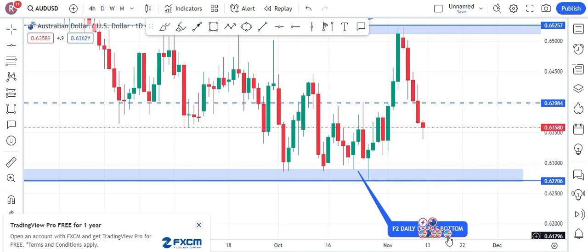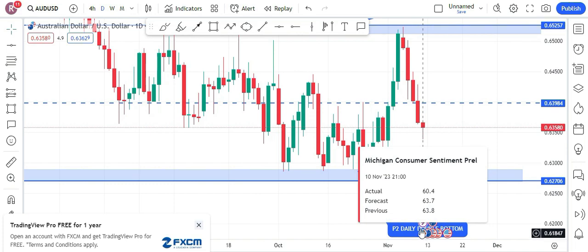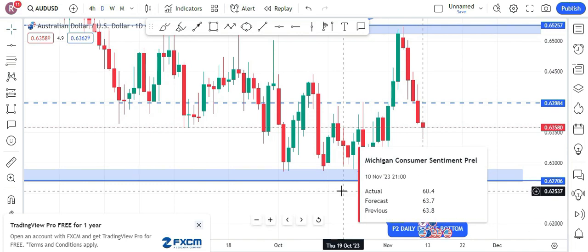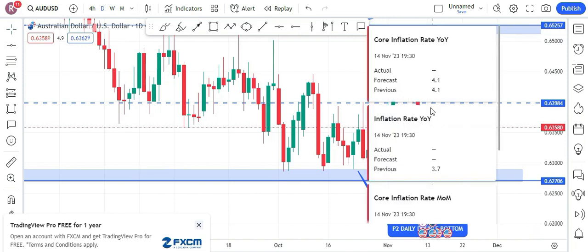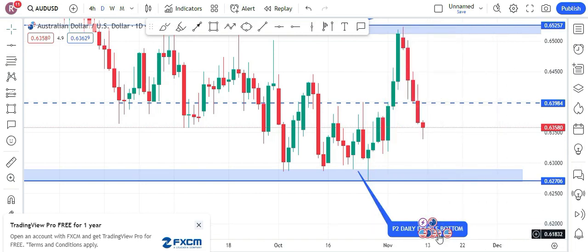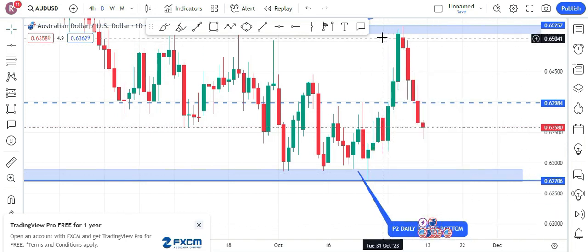At the same time, we have some CPI data, huge data of the US dollar, that will be revealed. Core inflation rate year on year, core inflation rate month on month, and again retail sales, PPI, all this data is going to affect this pair.